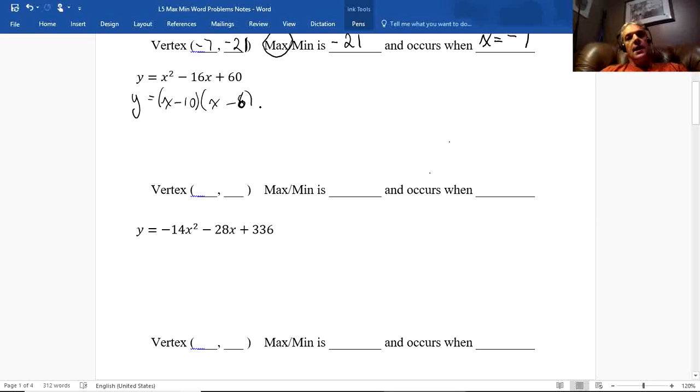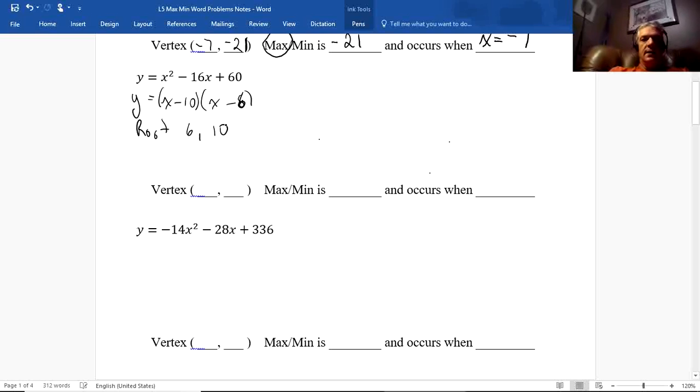Okay, and then we can find the roots. Our roots in this case are 6 and 10, so positive 6 and positive 10. And my vertex is going to equal, I can already see the first half of the vertex is going to be 8. It's going to be 8 comma, and I don't know what the y value of the vertex is.